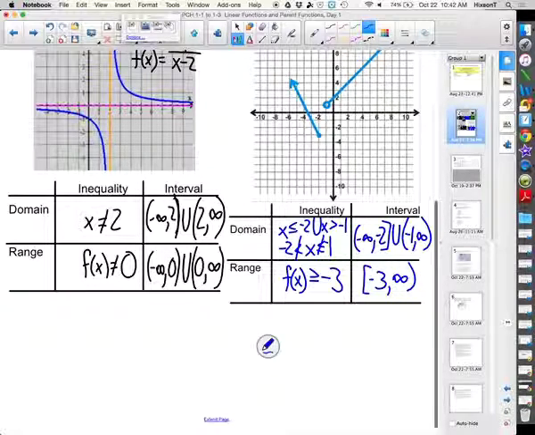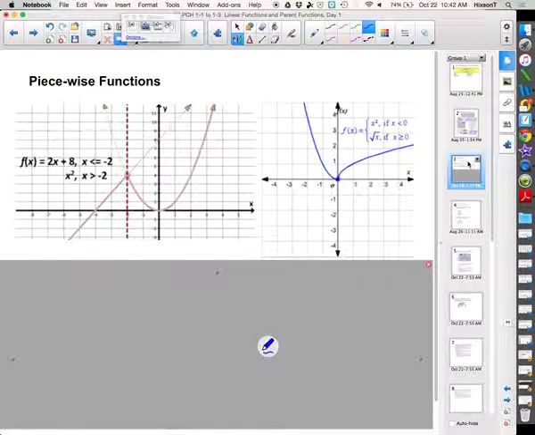All right, the other quick topic I want to touch on briefly, and then I want to give you guys time to work together on some stuff, is these piecewise functions. I think the best way to think of it is when you're looking at the map and you've got your GPS out and you see the highlighted route that you're supposed to take.